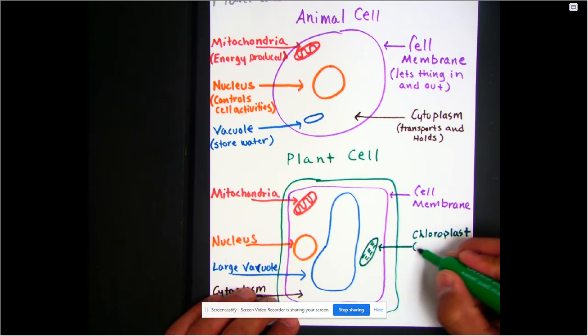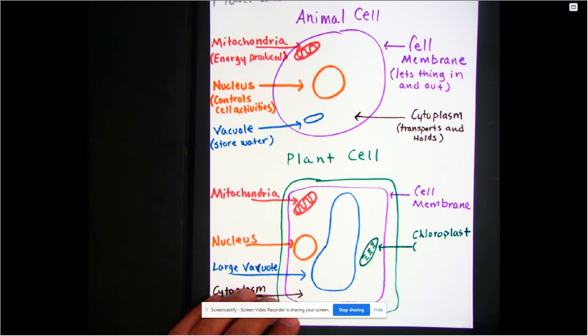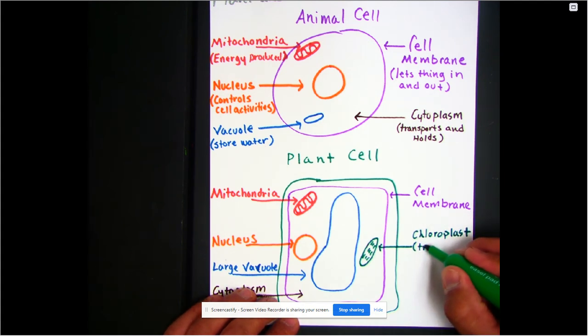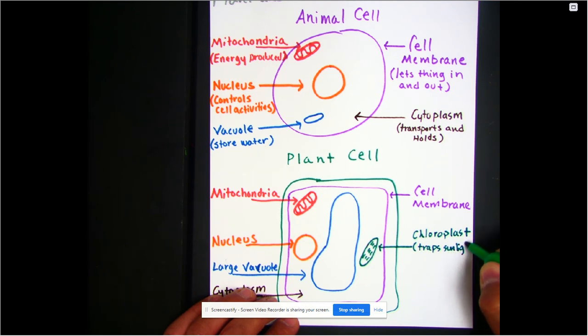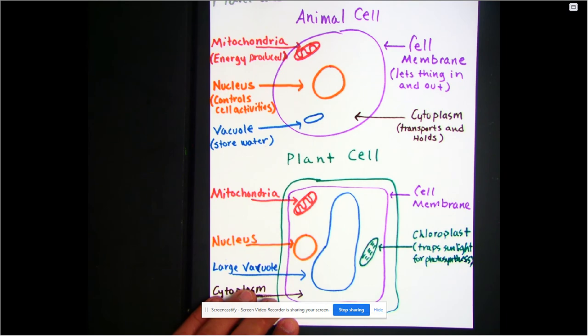The job of the chloroplast, remember, it acts like a solar panel, so it traps sunlight. Sorry guys, kind of ran out of room there. But it traps sunlight for photosynthesis, right?